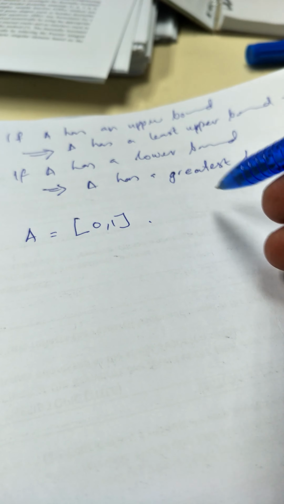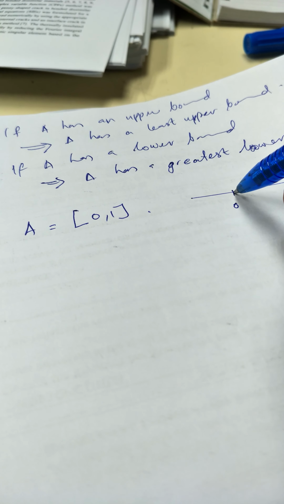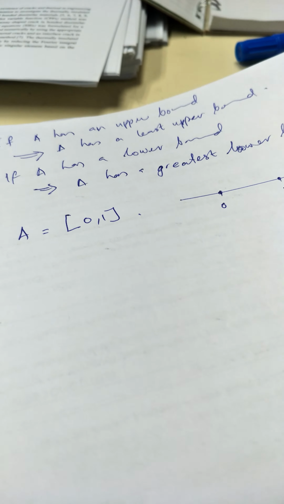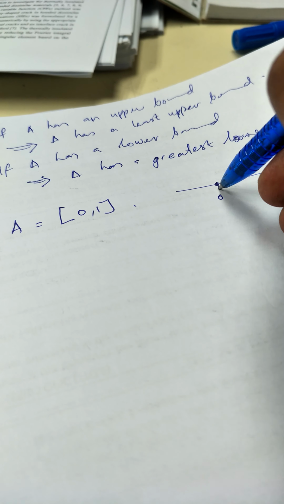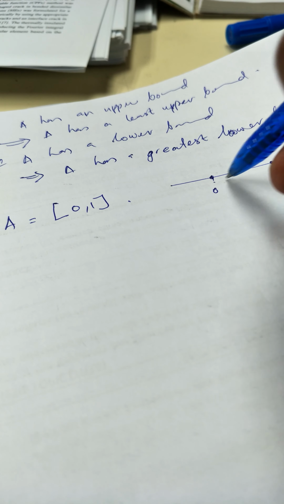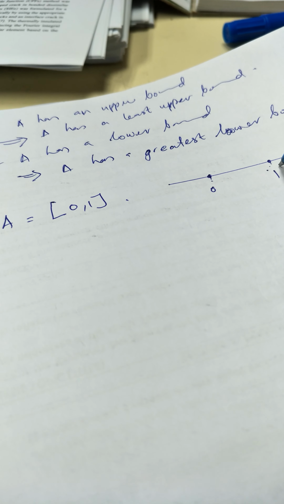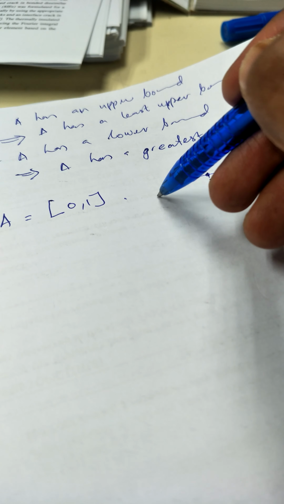You can put this like this: this is 0, this is 1, including those. The elements of A are between 0 and 1, so you can choose any values in between as an element of A. But you cannot go beyond 1, and you cannot go lesser than 0.